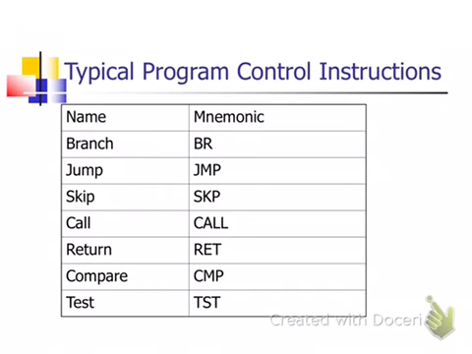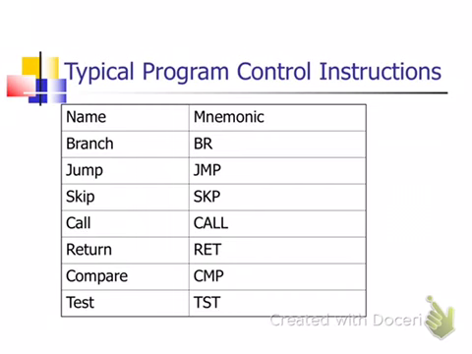Then we have some program control instructions. These can be things like branch, like we saw now in the if. So if the condition is true, then branch to this location. Similarly, there are other instructions like jump or skip. Skip, instead of executing the next instruction, will execute the next to next instruction. Then call, which is for a procedure call.